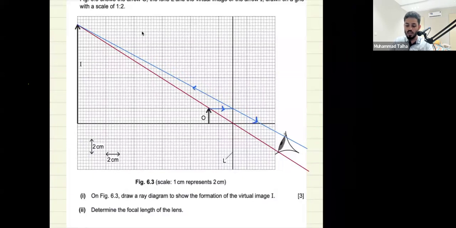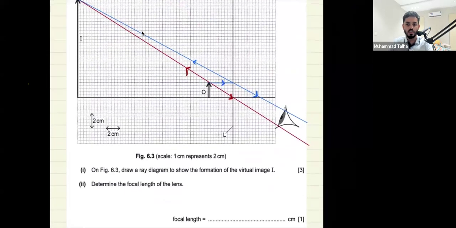Always make sure that the lines you take back behind the lens should be drawn as dotted lines. Obviously, I can't do that because of the software I'm using, but you should take care to do that. So then you would just measure this distance, and this would be the focal length. Because of that ray rule, that a ray parallel to the principal axis gets refracted through the principal focus. So this is your focal length.